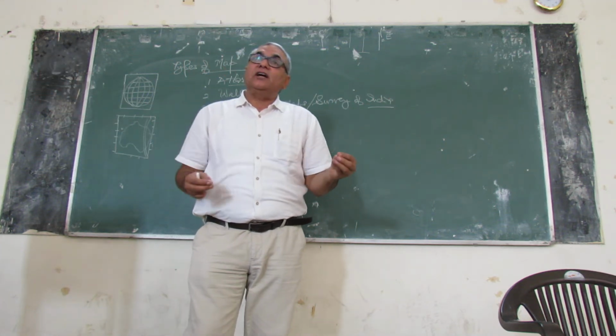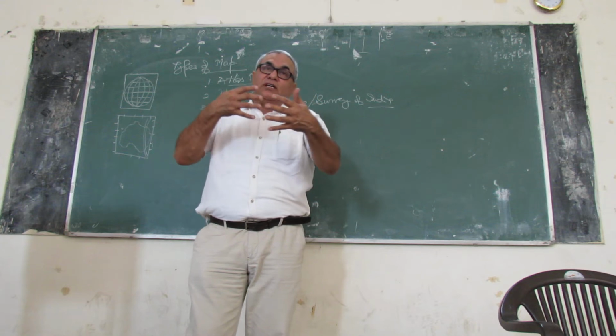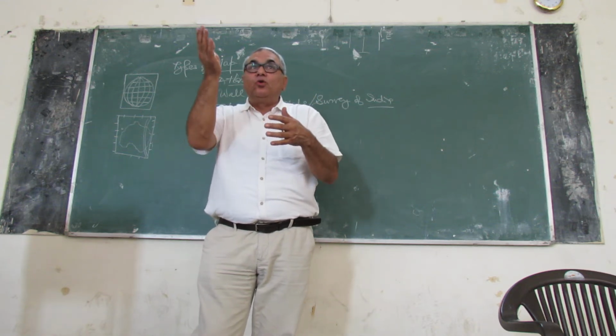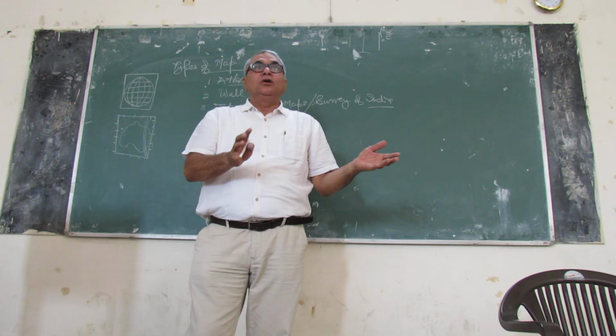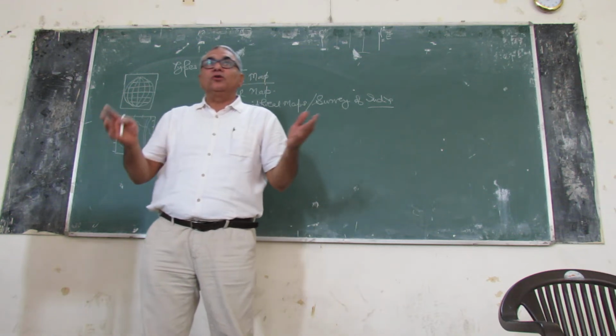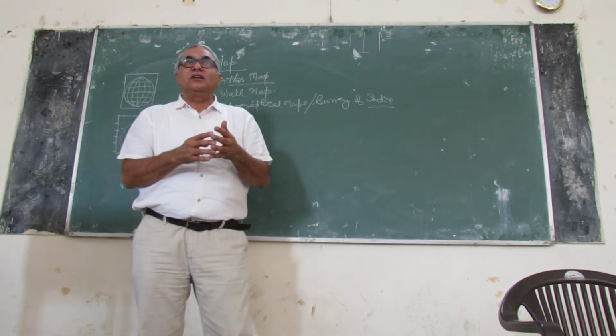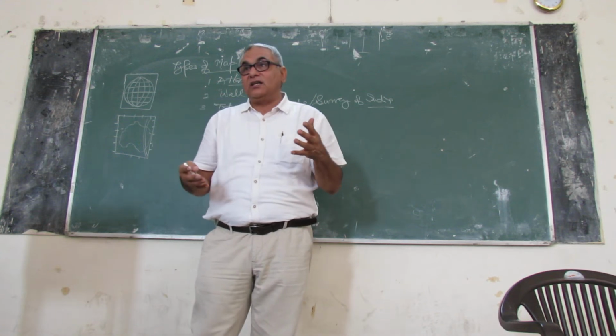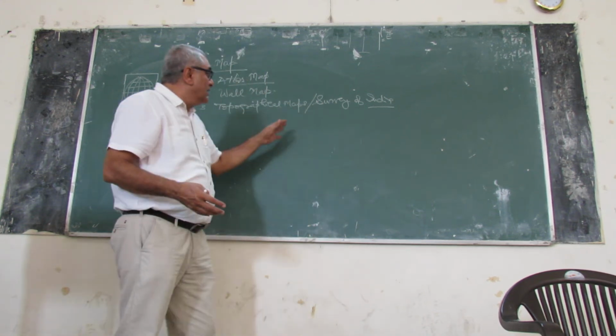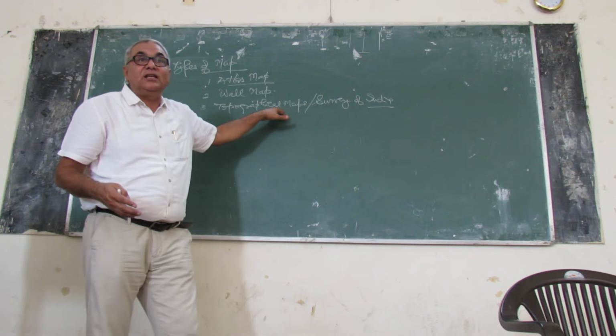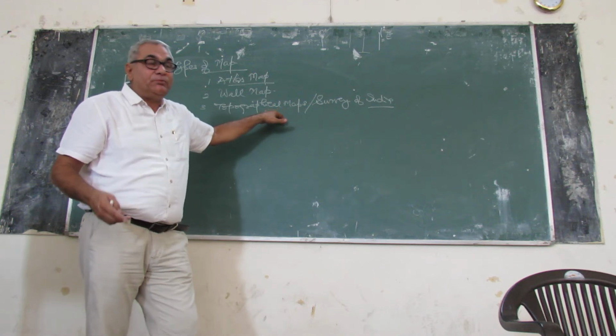So the different types of settlement. On the topographical maps, roads, whether metal road or bitumen road or the all-weather road or the seasonal road, all information is incorporated. So that's why they truly represent the land use pattern of the particular region.